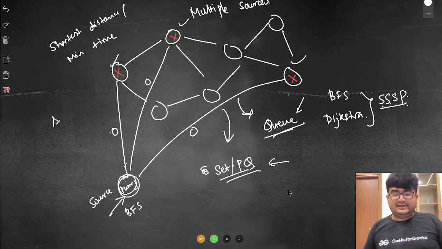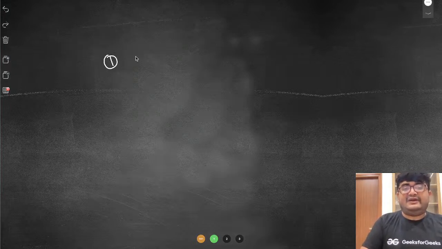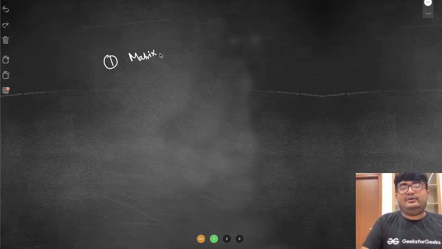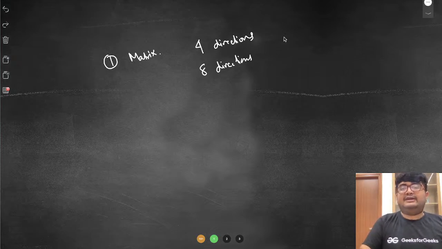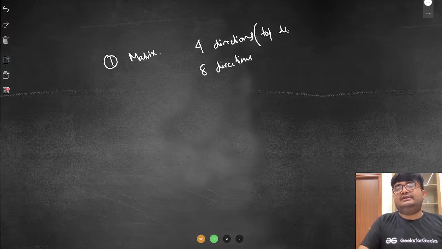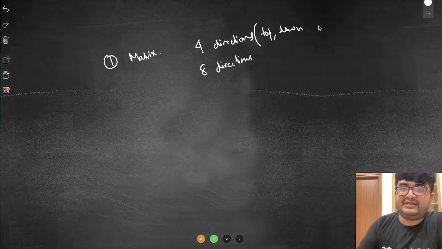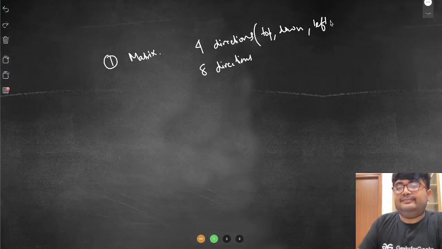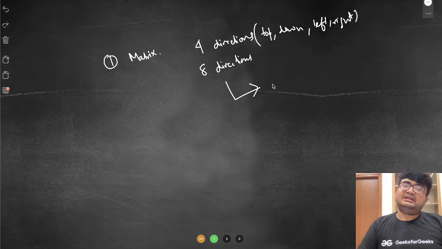Simple concept. All right. So again, whenever you are given a matrix and you are allowed to move in 4 directions, top, down, left, right, or 8 directions, 4 directions mean top down left right, diagonal like diagonal up, diagonal down, those are different things, right? They might be solved with DP as well, but for top down left right or 8 directions, just simply go with graph algorithms.